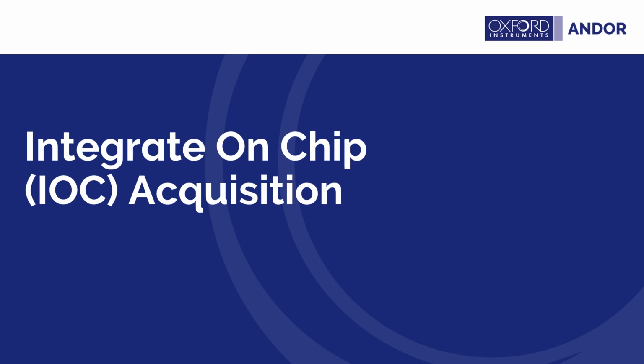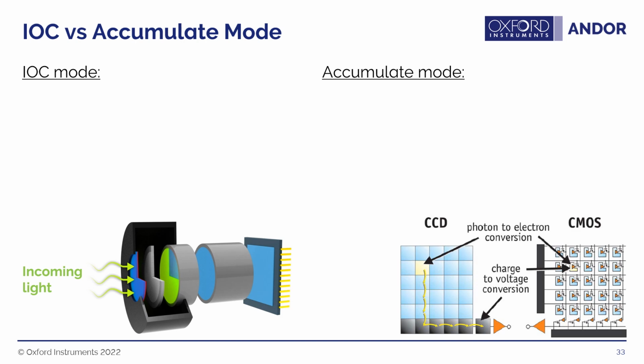The next mode of operation is called integrate on chip, or IOC acquisition. I want to compare integrate on chip to accumulate mode, because both of these modes of operation average together multiple pulses of a light source or of your signal, but they do it in different ways.